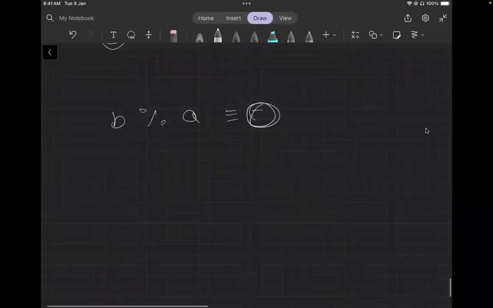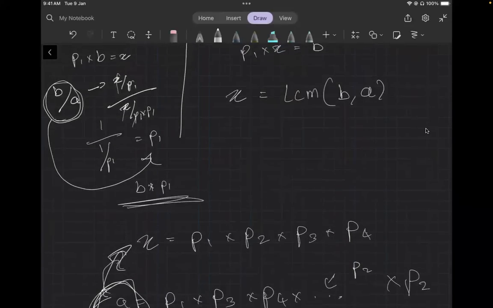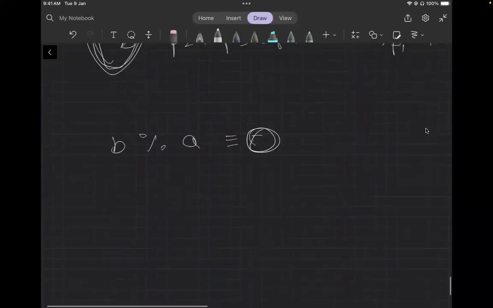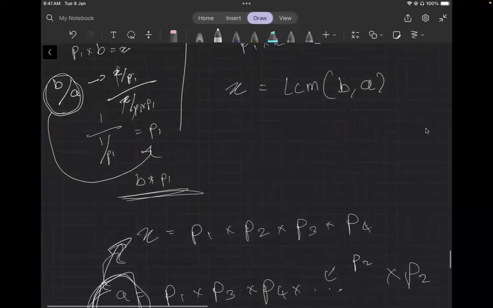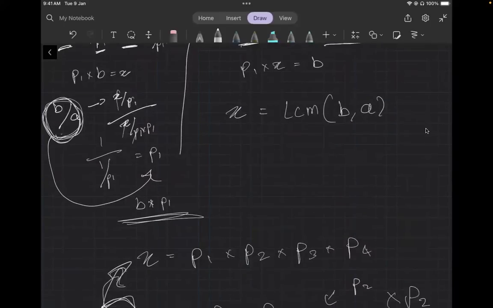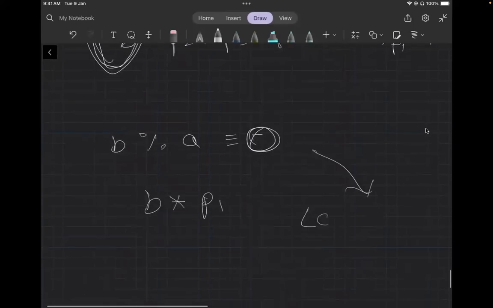So if B modulo A is equal to 0, we take the first approach. And what is the first approach? We just print B into P1, where P1 is nothing but B divided by A. And otherwise, if this is not true, we just print LCM of B comma A. Is this much clear, guys?